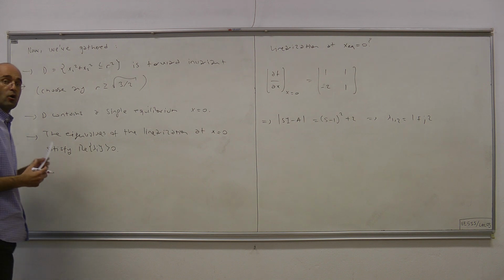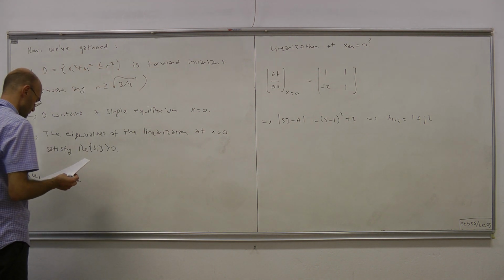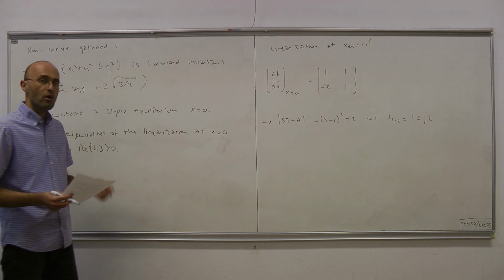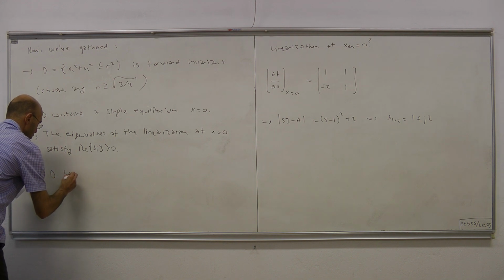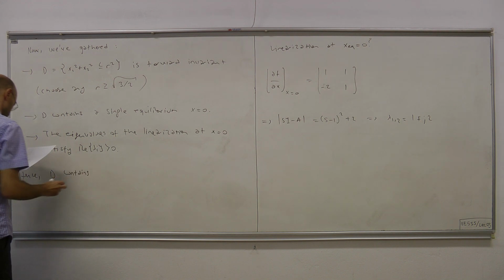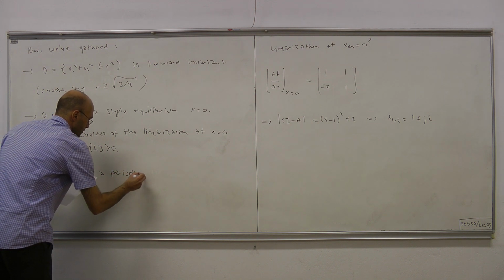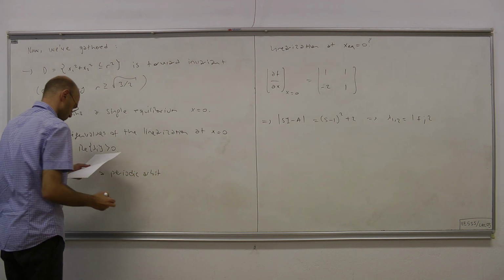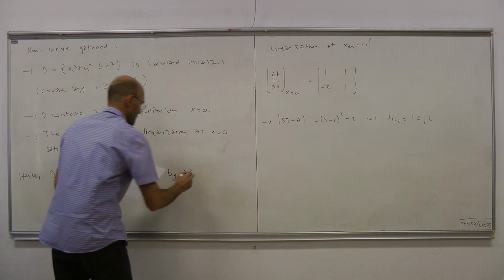That means all the conditions listed in the Poincare-Bendixson theorem are satisfied. Hence, we can now invoke the theorem and claim that D contains a periodic orbit, by the Poincare-Bendixson theorem.